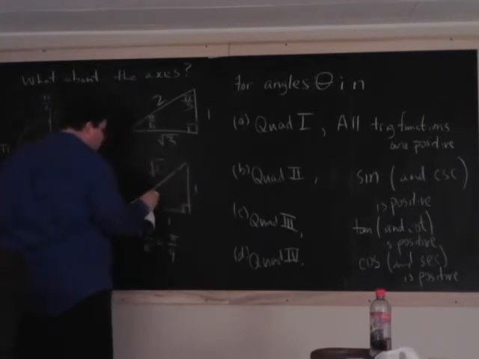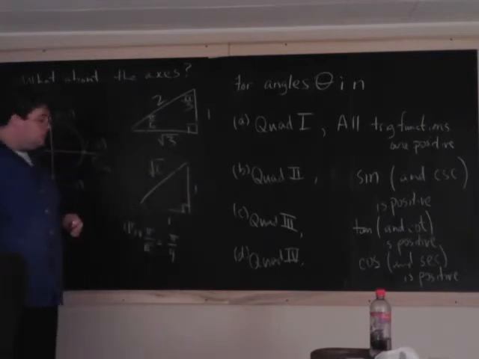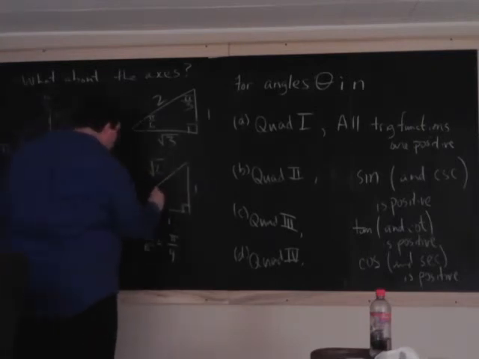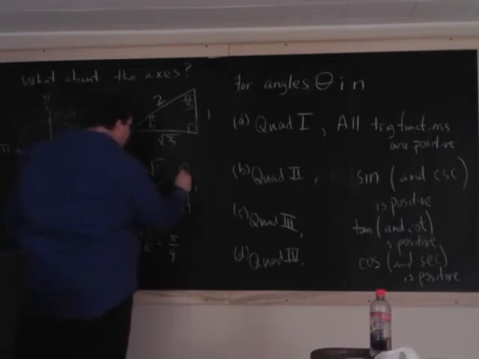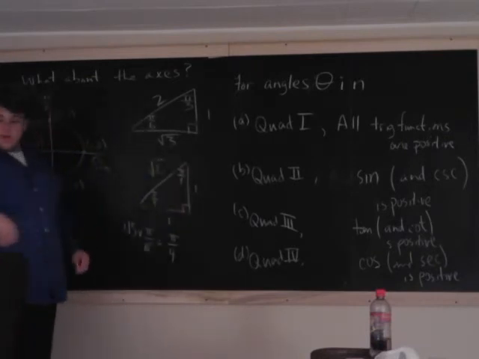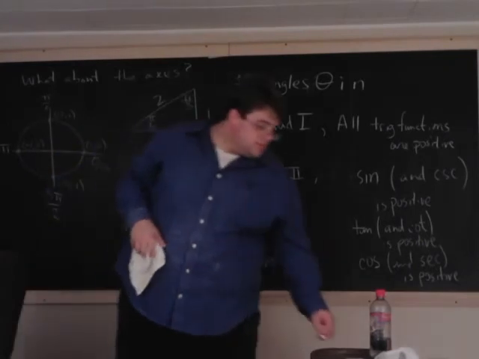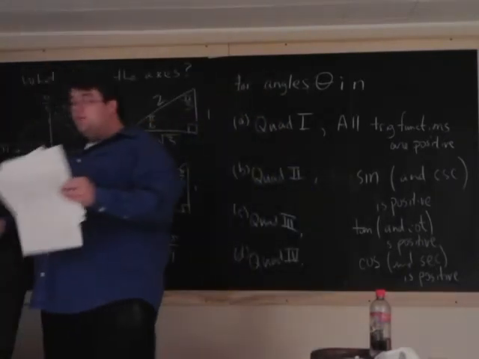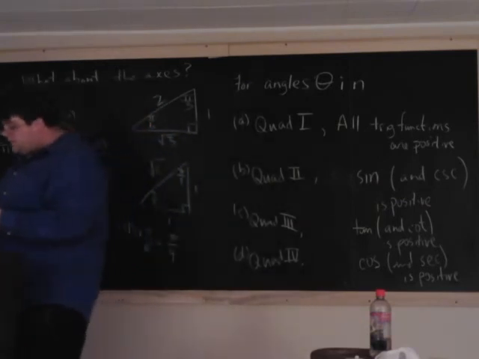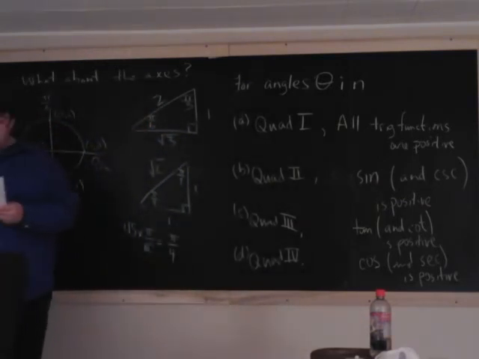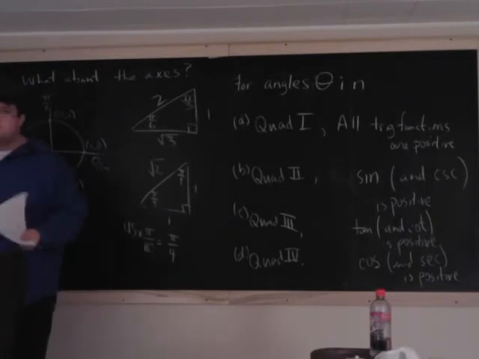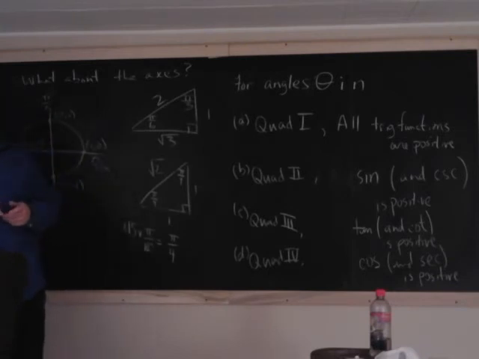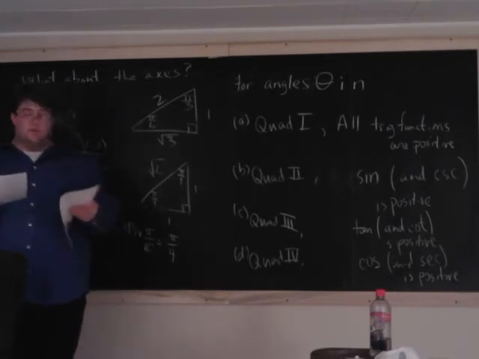So we can replace these 45s with pi over 4. So we have a pi over 4, pi over 4, pi over 2 triangle with sides in those ratios. And we have the 30, 60, 90 triangle, a pi over 6, pi over 3, pi over 2 triangle with sides in those ratios. So right now we have everything we need to know to do the trigonometry we could see in our calculus class.